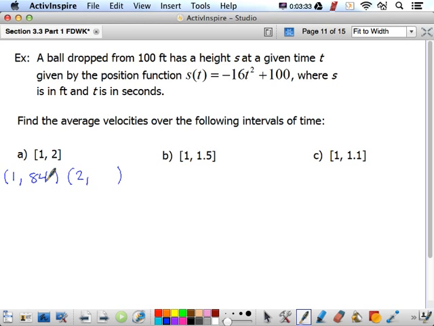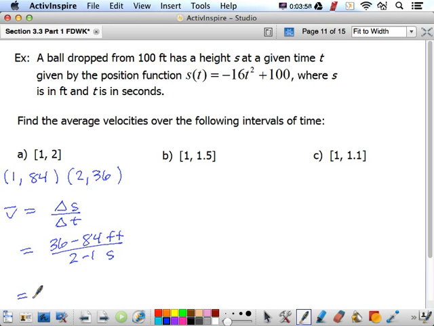36. 36? Okay. And to find average velocity, you simply do the change in position, so the change in the s's, that's the 84 and 36, over the change in the time, which is the same as the slope. So you say 36 minus 84 feet over 2 minus 1 seconds.